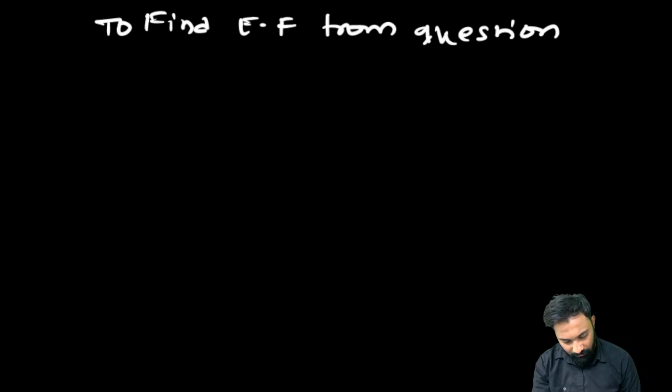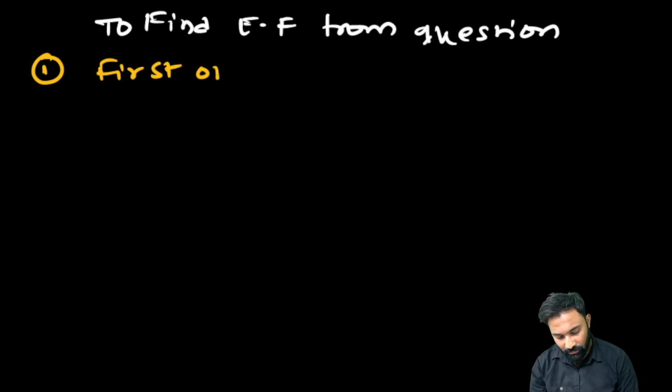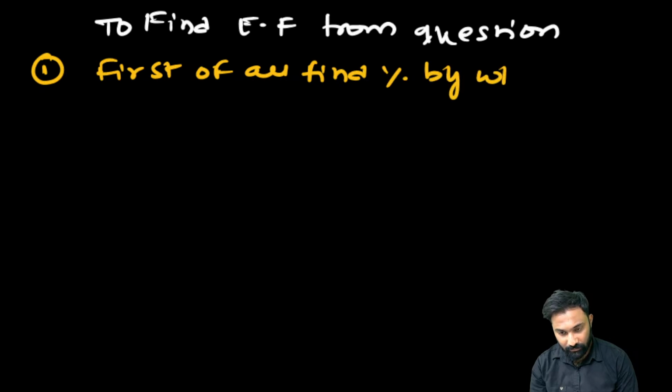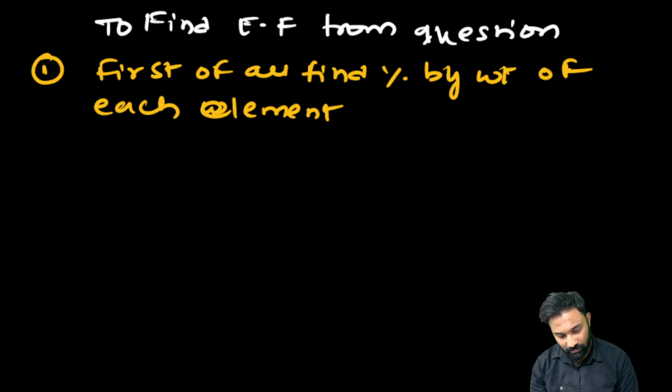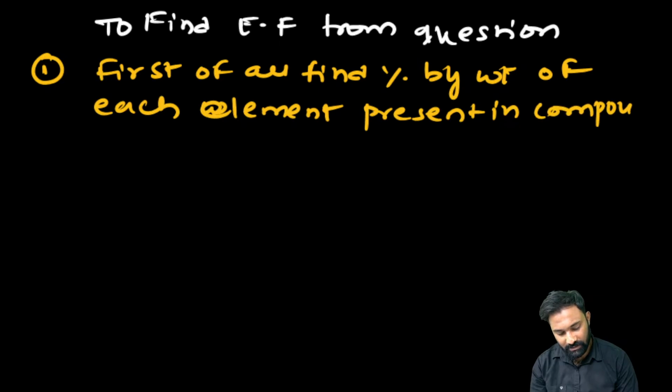What is the first key point? First of all, find the percentage by weight of each element present in the compound.